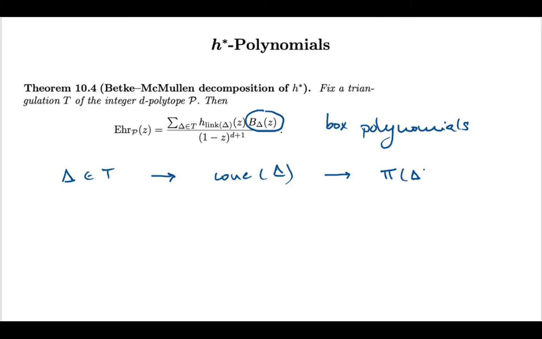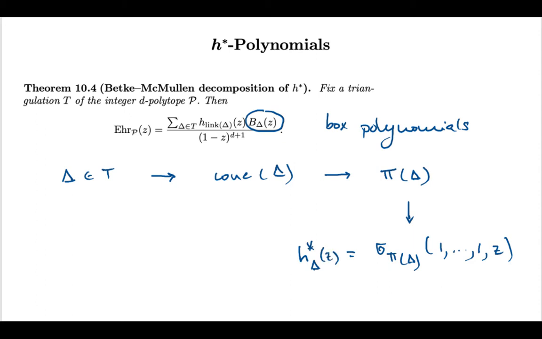Because I have many simplices now, I want to write this as pi of delta. So every simplex delta comes with a fundamental parallelepiped. And then from here, we computed the integer point transform. And to compute the Ehrhart series, we eventually plugged in the values all 1 except for the last variable. And this is the H-star polynomial of delta.